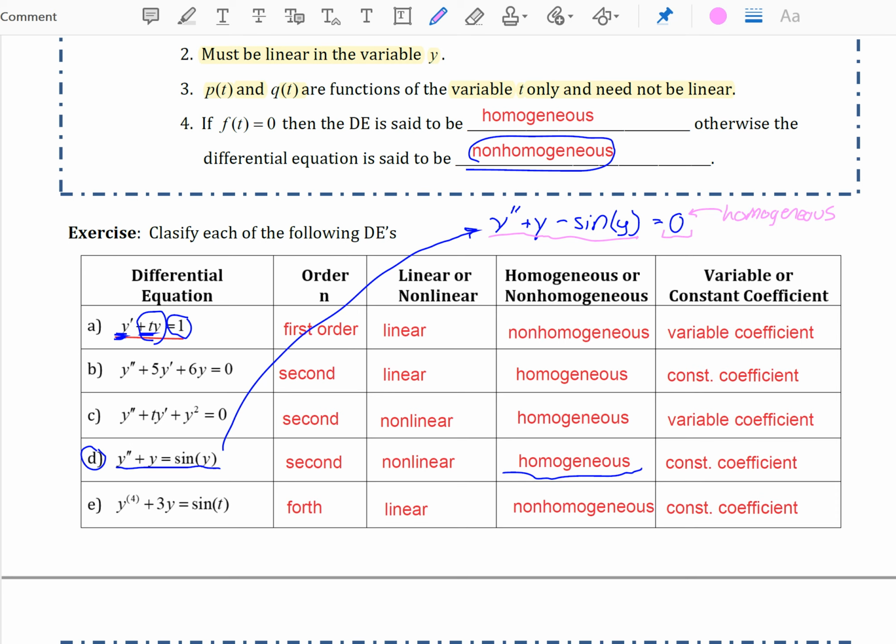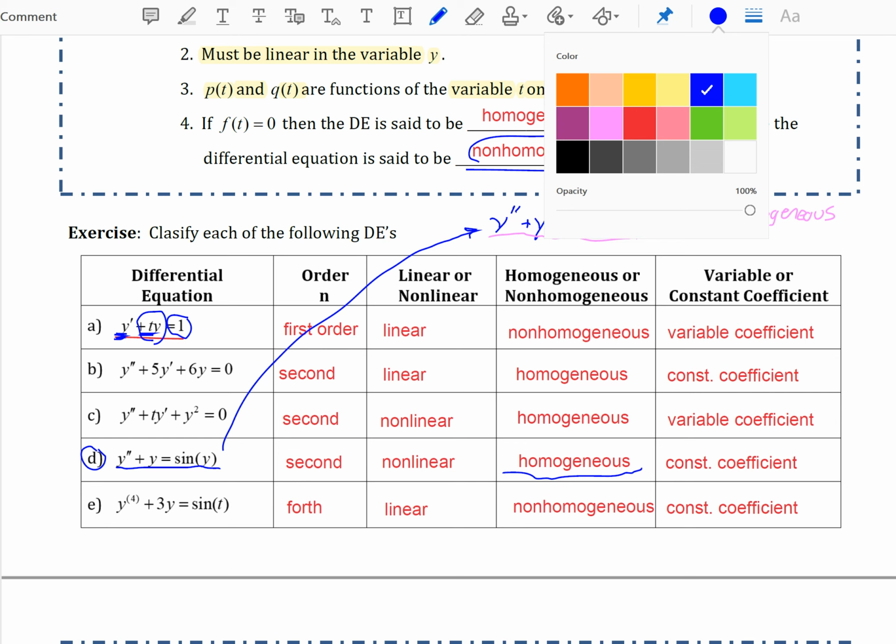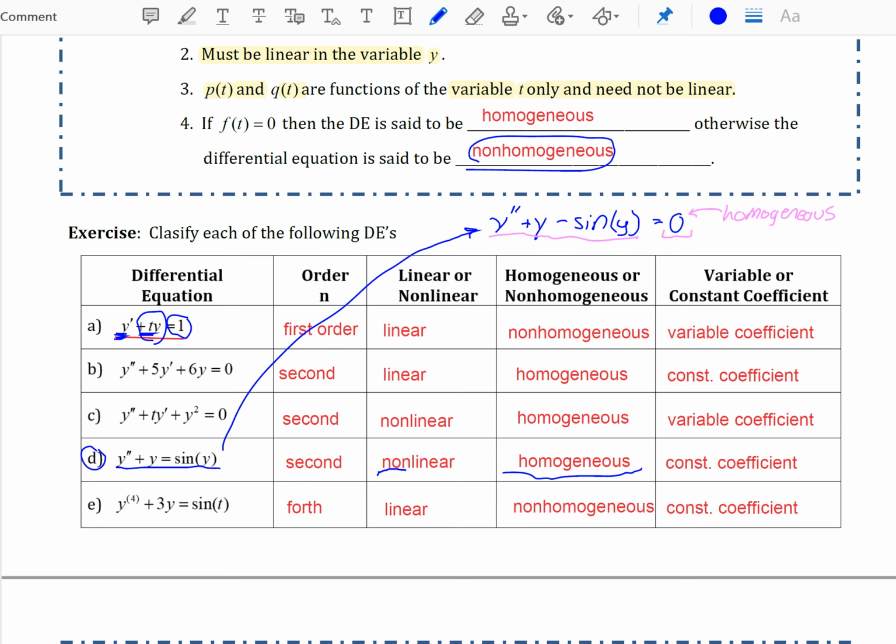Notice I also said it was nonlinear. And the reason I said it was nonlinear was because we had this sine of y term. And we're not allowed to have nonlinear terms in y. Now, I didn't have a problem with E where it said sine of t, though, because when we're talking about t, t does not have to be linear.